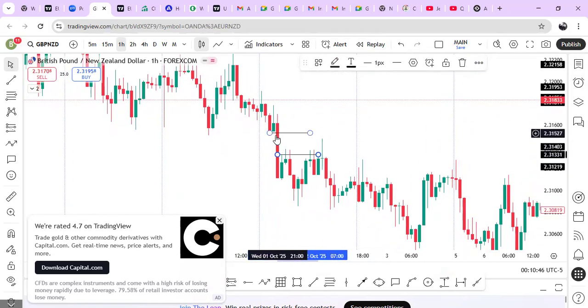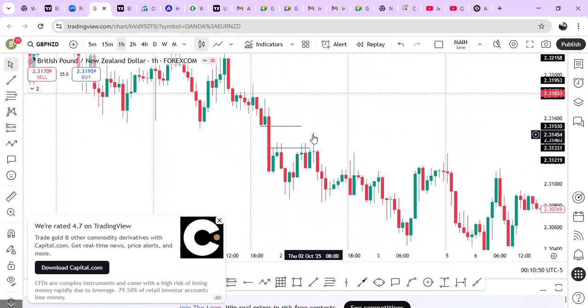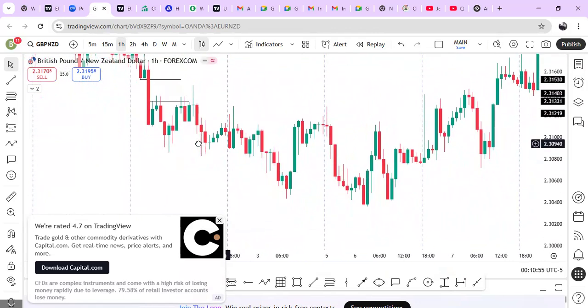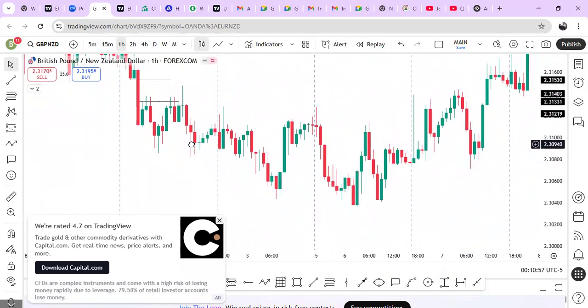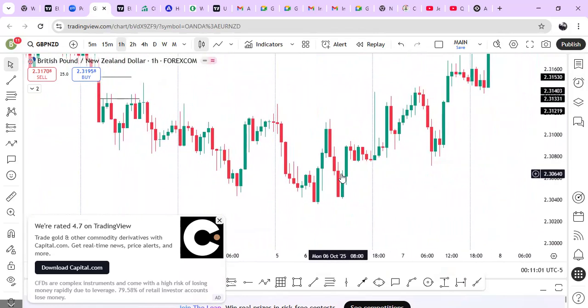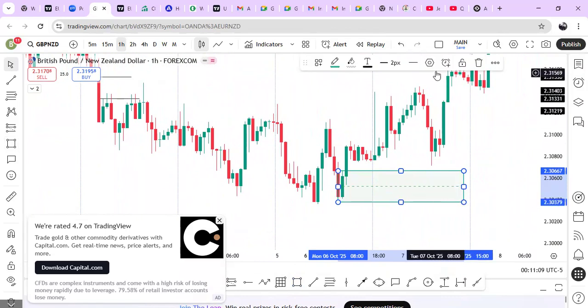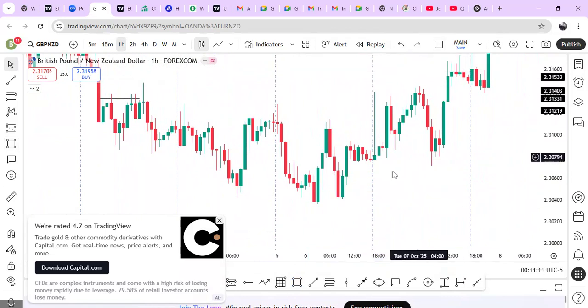You see this gap created here, market came into it, rejected, came into it again and rejected properly, and you can see the sell. Here again, if you notice, price didn't come back to this extreme order block. It didn't touch it. Where did it move from? Possibly a fair value gap somewhere here.